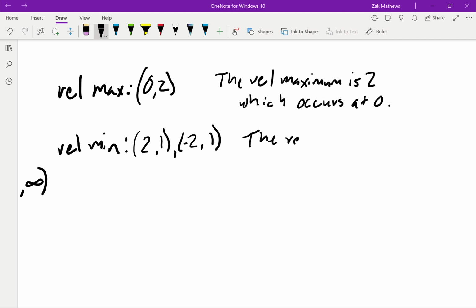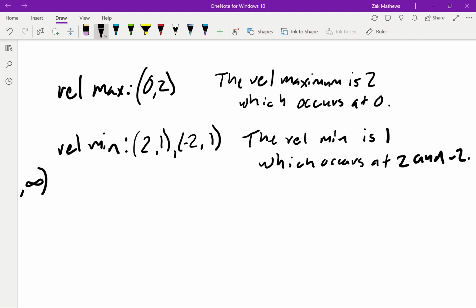The relative minimum is 1, which occurs at 2. Excuse me, I got that wrong. The relative minimum is 1. It is the y value, not the x value, which occurs at 2 and -2.